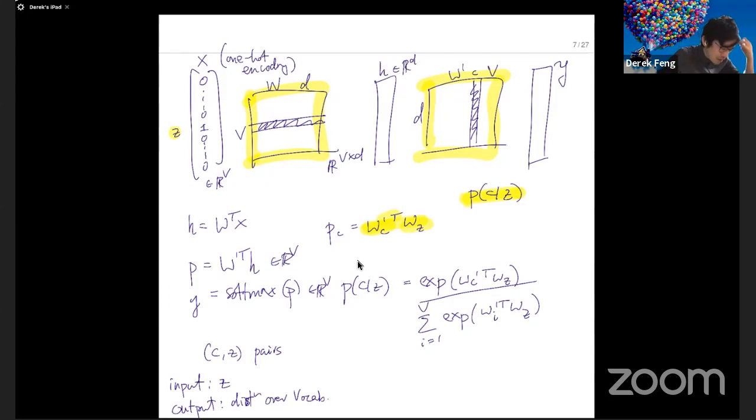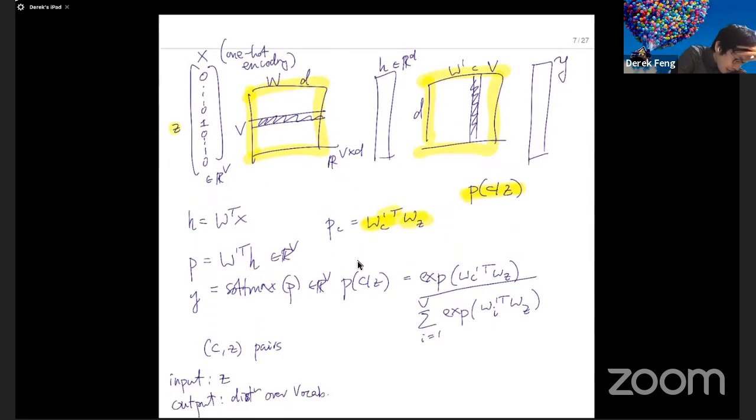I'm given a CZ pair, and I put Z here and get out this likelihood for all particular C's. But my actual training is one particular C.